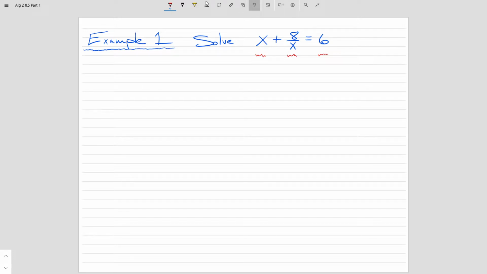But this is the exact same process we used in the last couple sections, especially when we added and subtracted fractions. So the least common multiple, or common denominator, of this entire problem is x. So once you figure out the least common multiple, you're going to multiply every single term by the least common multiple.